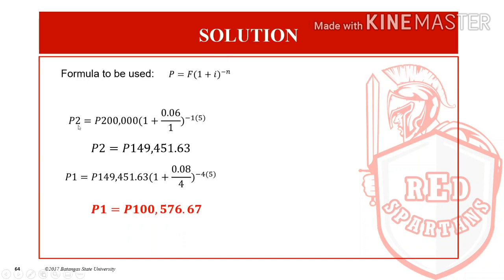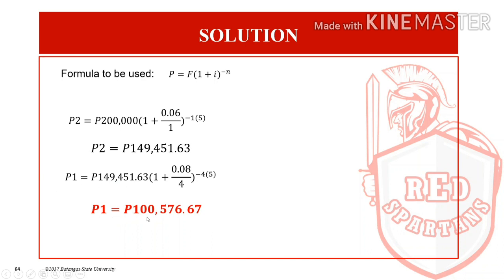So, kukunin muna natin yung present value or P2 is equal to 200,000 pesos. Ito yung ating future value. Multiply sa 1 plus 0.06 over 1 raised to negative 1 times 5 since 5 years. Then, makukuha nating P2 is 149,451.63. Tapos, ito naman, ito yung value ng future for determining P1.